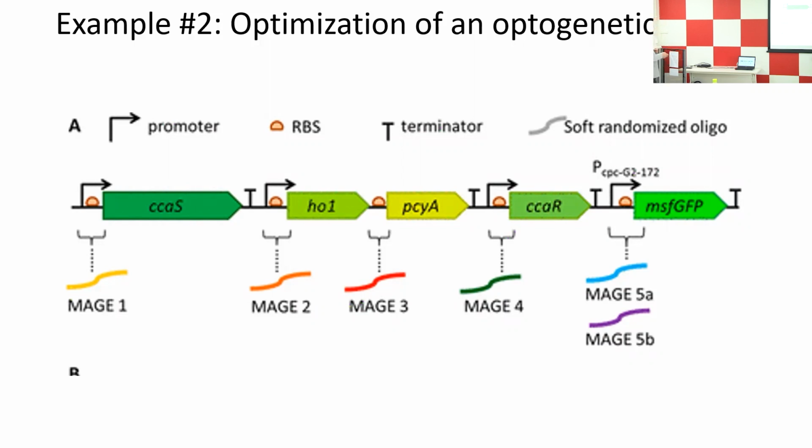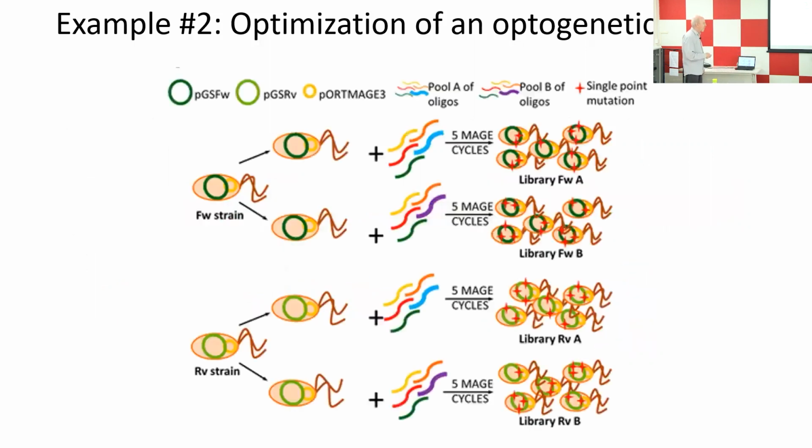If we had to optimize this device on the basis of the parameters of the different parts, it would be impossible, because there are so many parameters that it would be very, very difficult. So what we did was to target the regulatory regions, the promoters, the different terminators, the different ribosomal binding sites and so on. And at the end, what we obtained was a combinatorial library of many, many different variants of the same basic structure.